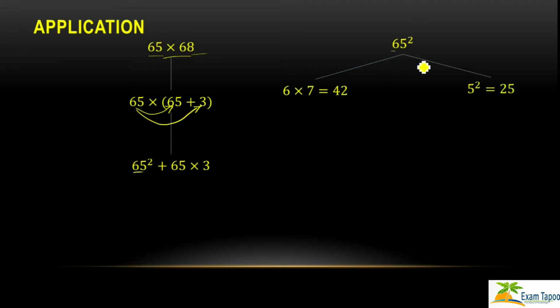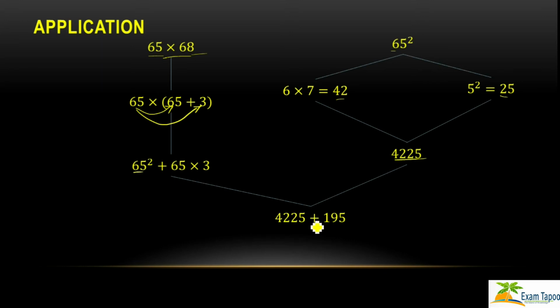And then the square of 5 will give you 25. Now I will simply join the results of the two steps, 42 and 25. So it's 4225. Now in place of square of 65 here, I can write 4225, plus now 65 times 3.